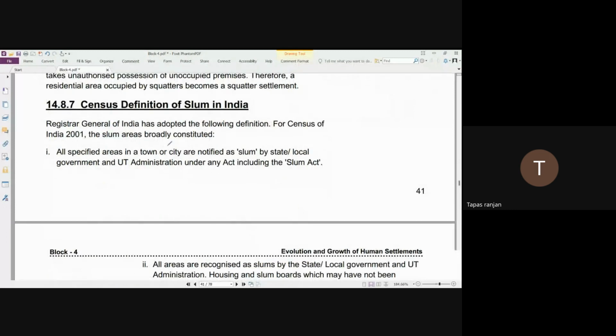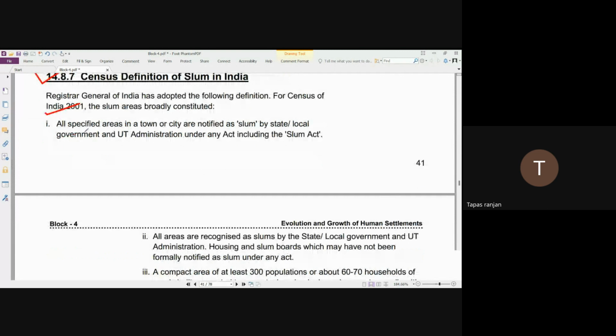Okay, so this is how the census defines the slums in India. The Registrar General of India has adopted the following definitions. According to the 2011 census, all specified areas in towns or cities notified as slums by state or local government and UT administration under any act, including the Slum Act.